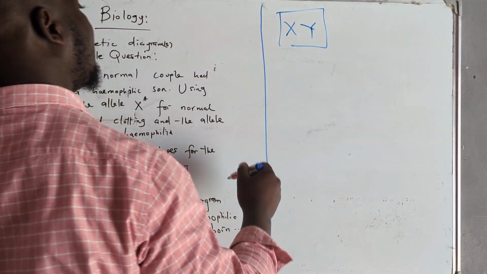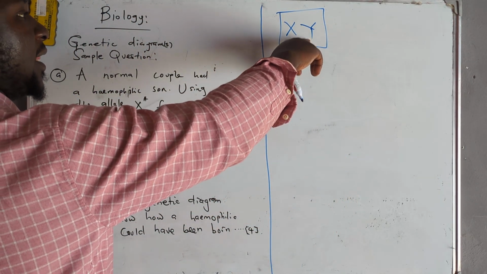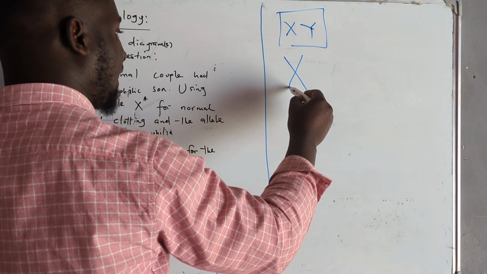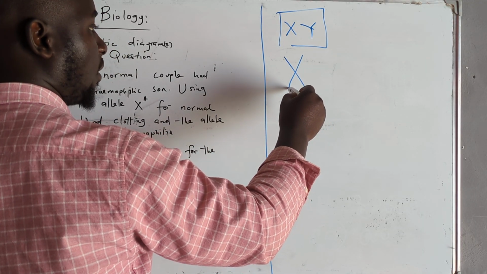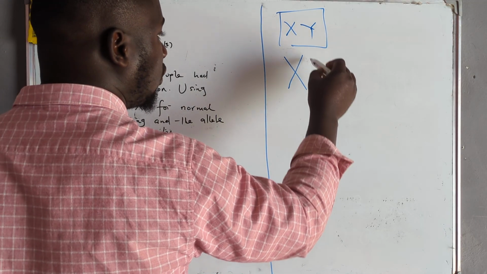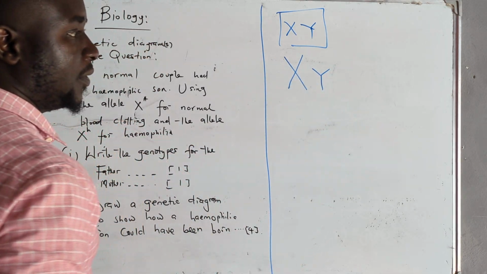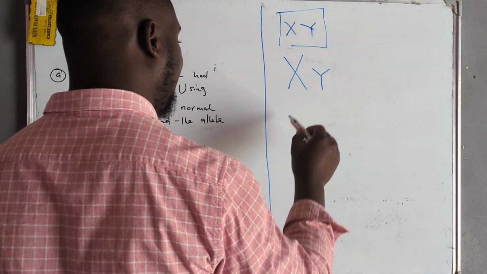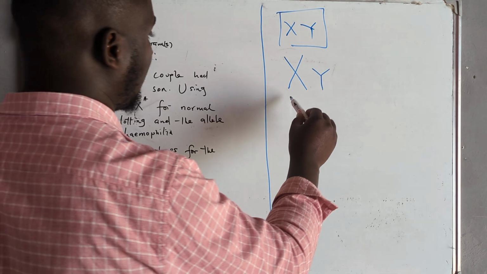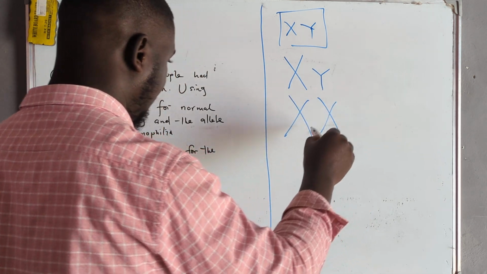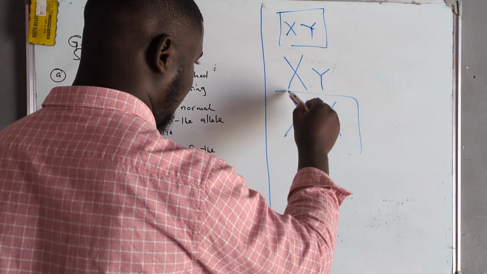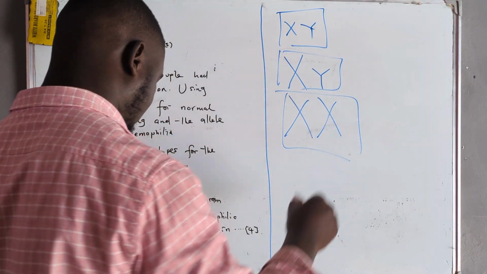The sex linkage for males is like this. The X chromosome is a bit longer than the Y chromosome. In females they only have X, so you have X and X for the female. So for the mother you have this one, and for the father you have this one.